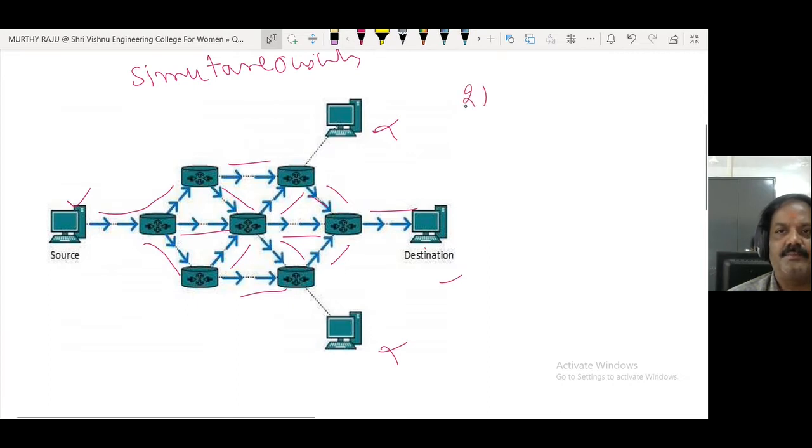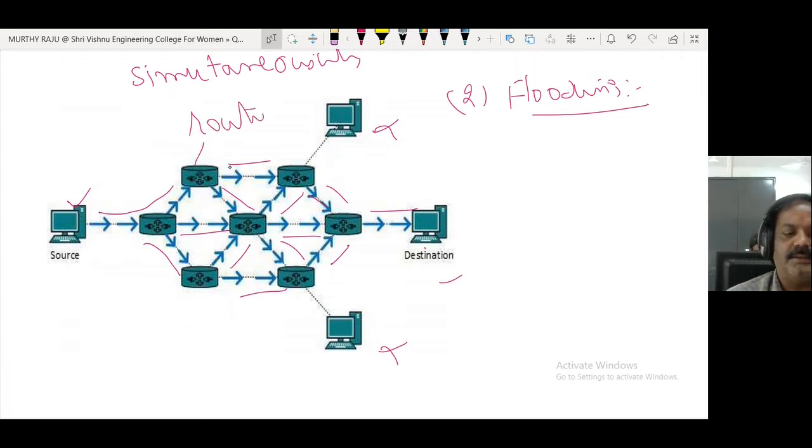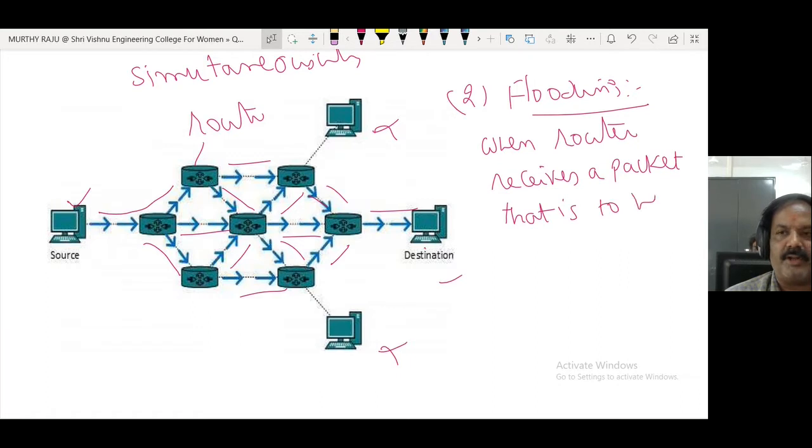The second technique is flooding. When this is the router, whenever the router receives a packet that is to be broadcasted, it simply floods these packets out of all the interfaces.